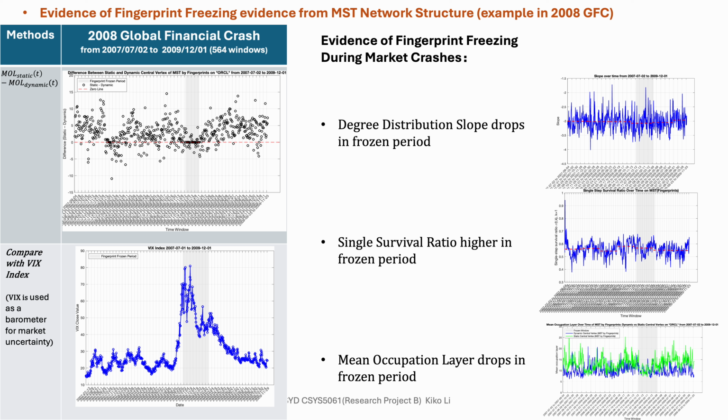Then, the survival ratio in the network structure is higher compared to other periods, suggesting a locked, unchanged situation in asset-to-asset connections, reflecting problems of market liquidity. Last, the mean occupation layer again shows assets in the market are coming closer. Together, these suggest the market is showing frozen behavior during the crisis.